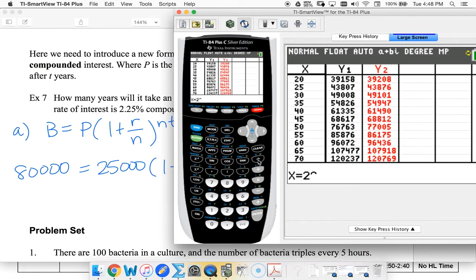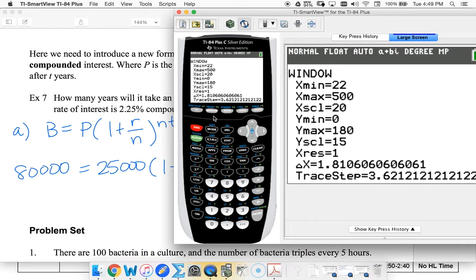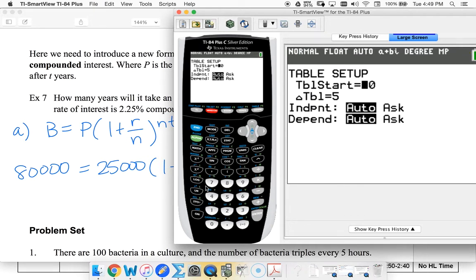Now I can see that for both of them, it's between 50 and 55 years. So, sorry, table settings. Let's start at 50 and go up by 1. Actually, I'm going to go up by 0.25 to know the nearest quarter of the year for my left one.